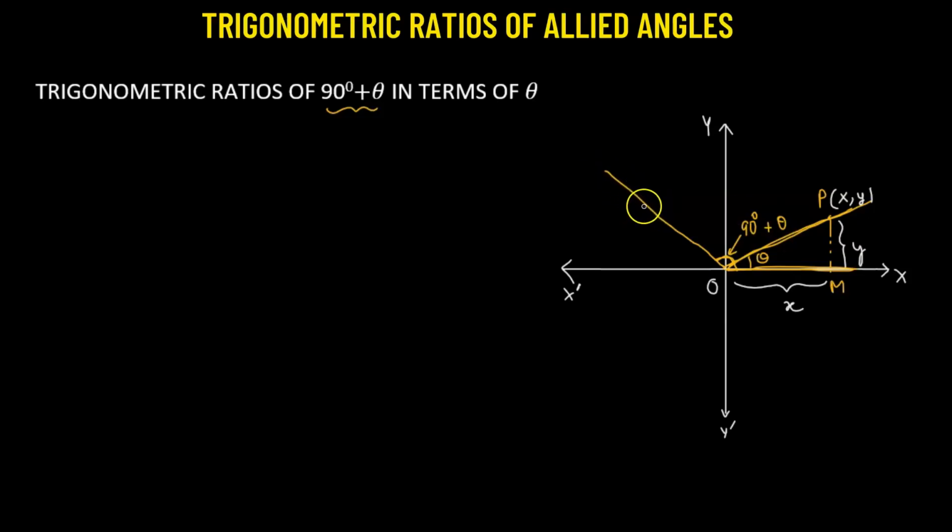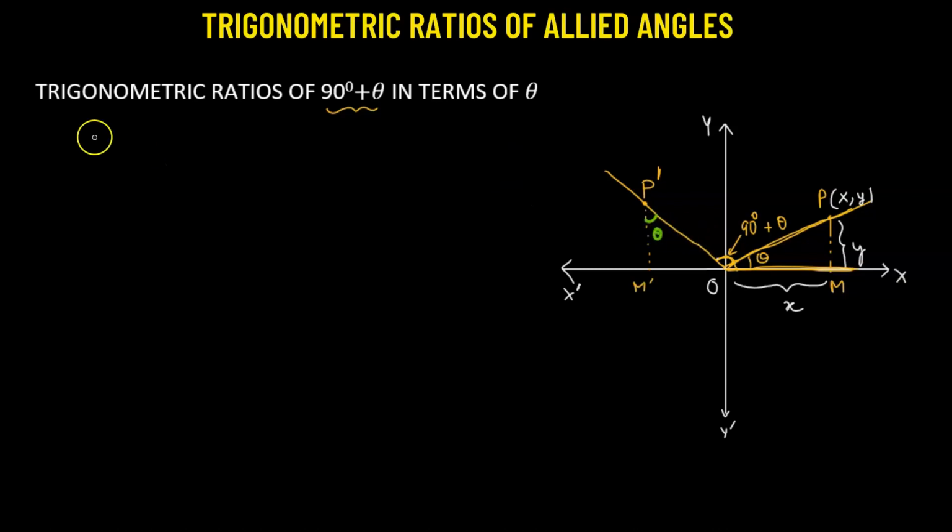Now let's consider another point P prime on this new ray, the second ray, and we're going to drop a perpendicular line on the OX prime axis. So that's M prime. Now that we have defined the angle 90 degrees plus theta, which is XOP prime, we can also find out the angle OP prime M prime. This angle must be equal to theta.